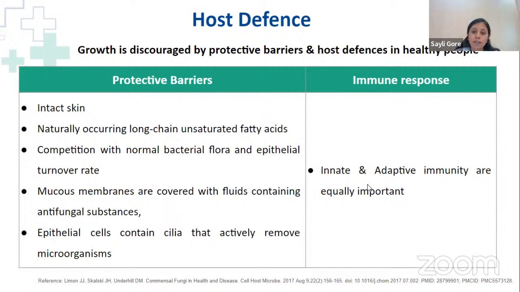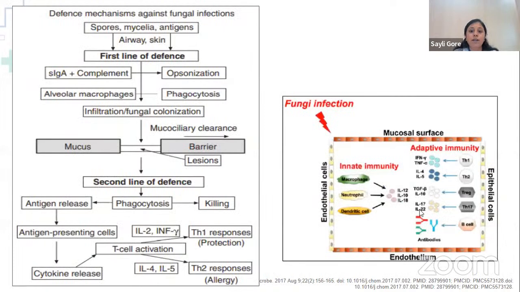Even if these protective barriers are breached, then the innate and adaptive immunity play a role. So when the fungal organism comes in contact with the human cells, the innate immunity is activated, followed by the adaptive immunity.